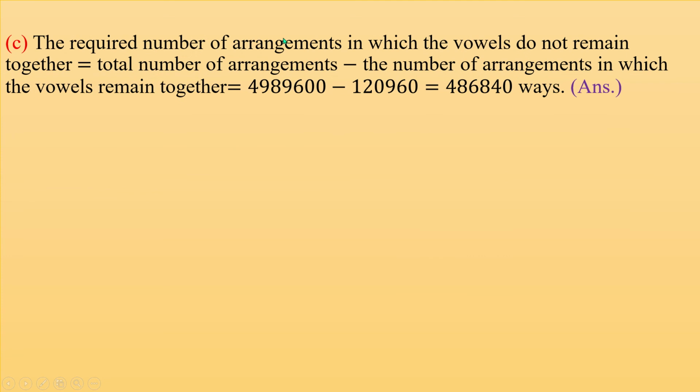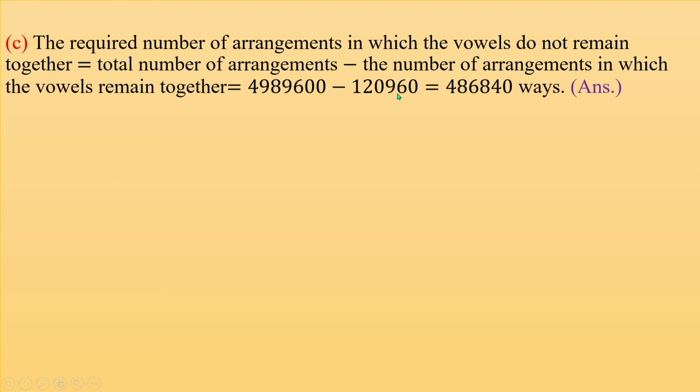Now see C number: the required number of arrangements in which the vowels do not remain together. That means you have to subtract the answer of B from the answer of A. That means total number of arrangements minus the number of arrangements in which the vowels remain together. This equals this minus this.